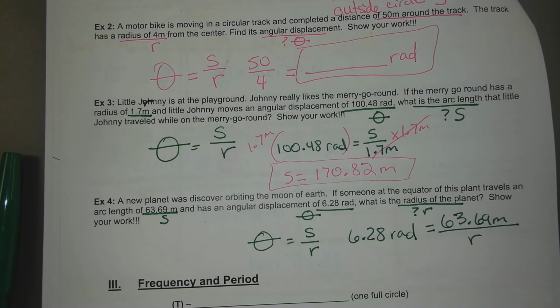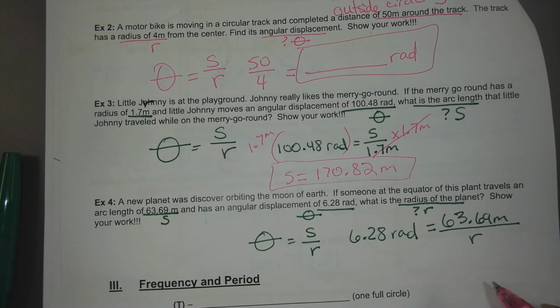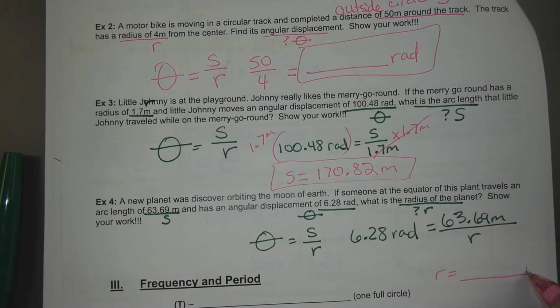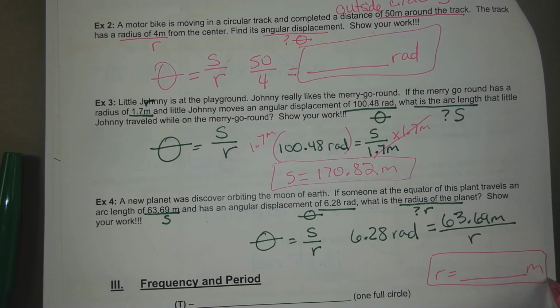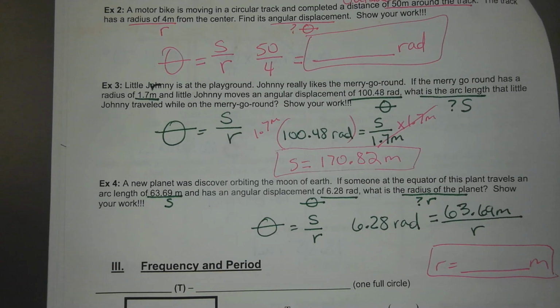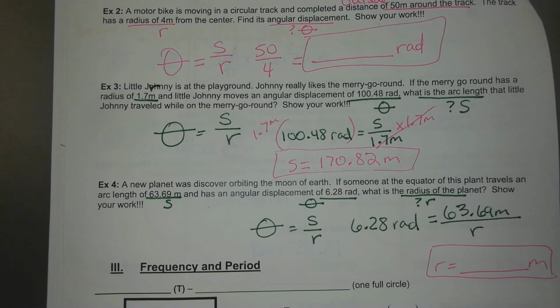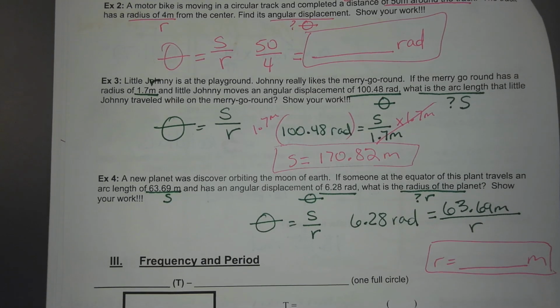Multiply one side by 63.69, multiply the other side as well, and you can solve for the R, or the radius of this planet. If they were to ask you to find the diameter, then you would just get that radius and multiply it by 2, right? So you can figure this stuff out.